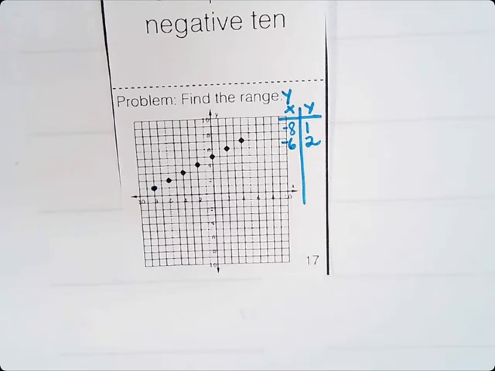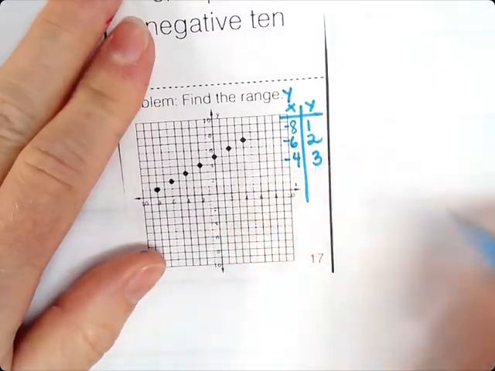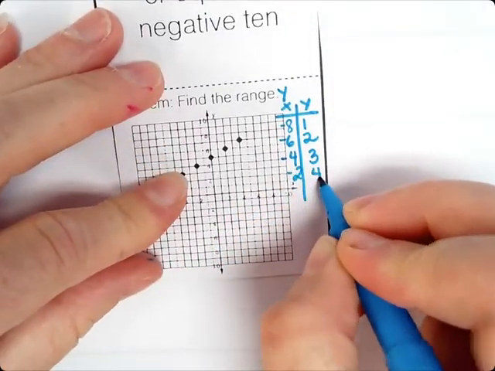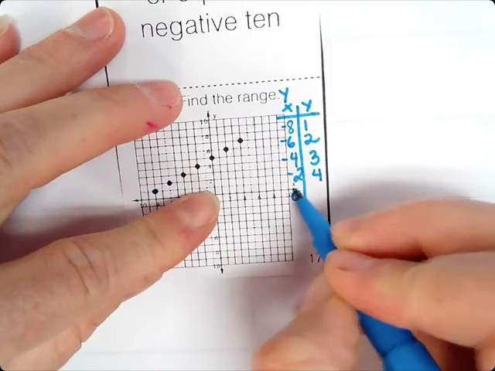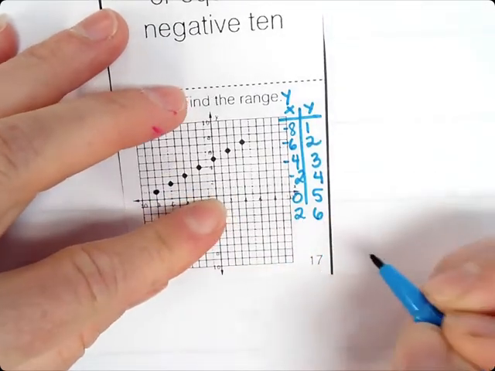Okay, so don't say the answer out loud. Just wait. Everybody needs to list them out. -4, 3 is the next one. -2, 4. 0, 5. 2, 6.